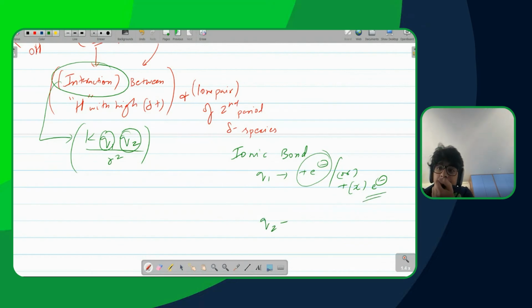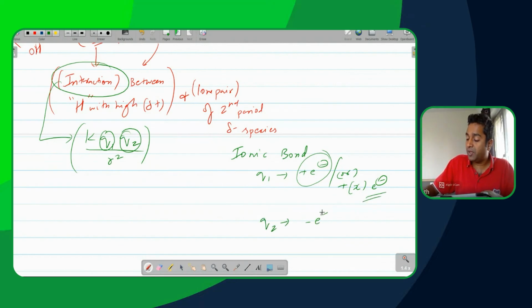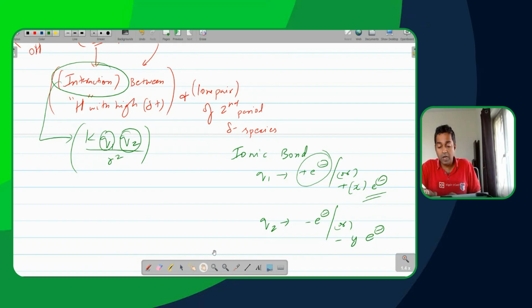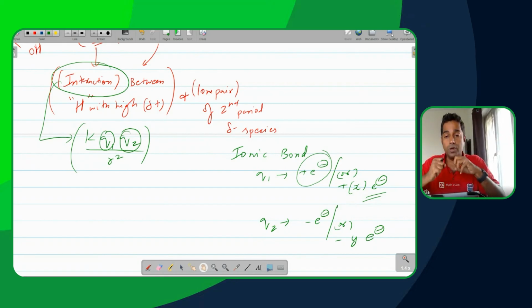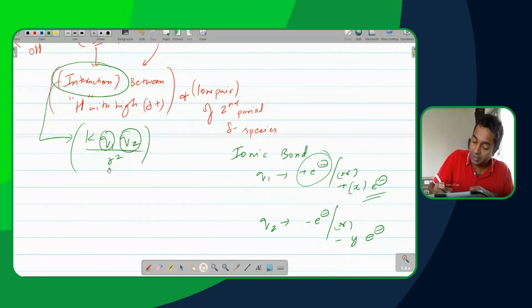So Q2 also is going to be a negative electron charge, or some Y times the negative electron charge. So this is also going to be multiple possibilities. This is for ionic bond. And the distance is going to be tremendously lesser in the ionic bond case. The R value is going to be lesser because the ions are more strongly attracted, so they'll be closer together as well. So in the ionic interaction, R is smaller and Q1 and Q2 are larger.